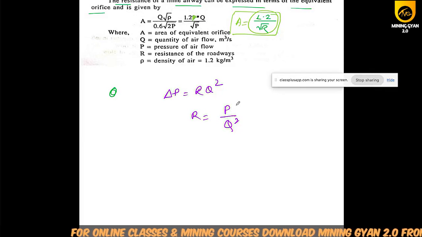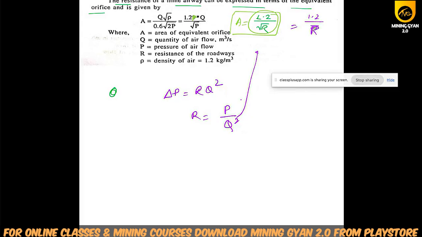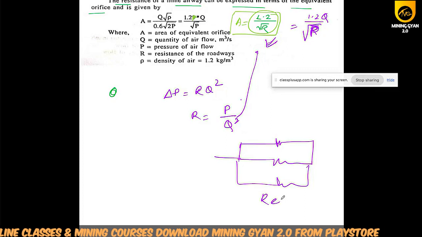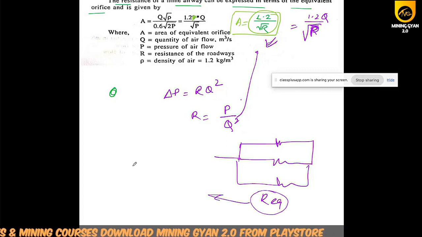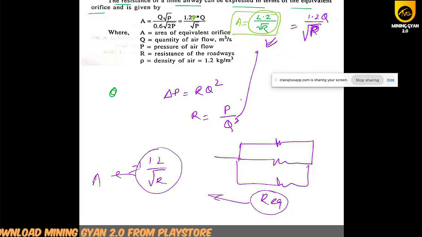So when you put it here, it will become 1.2 by root P and Q. So just remember this formula, A equals 1.2 divided by root R. So they will ask you about parallel ventilation districts. So you have to find out R equivalent, and in R equivalent you will put 1.2 divided by root R, and that way you can find out A, that is the equivalent orifice.